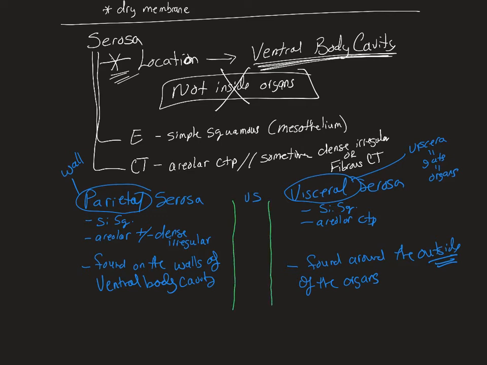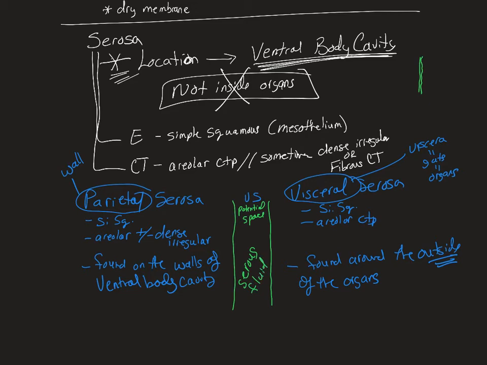So in between the parietal serosa and the visceral serosa is a potential space. Basically means there's a gap. And I've shown this gap really narrow. It's really more like you've got a line here and you've got a line right here. They're like right up next to each other. But in it, you will find serous fluid.